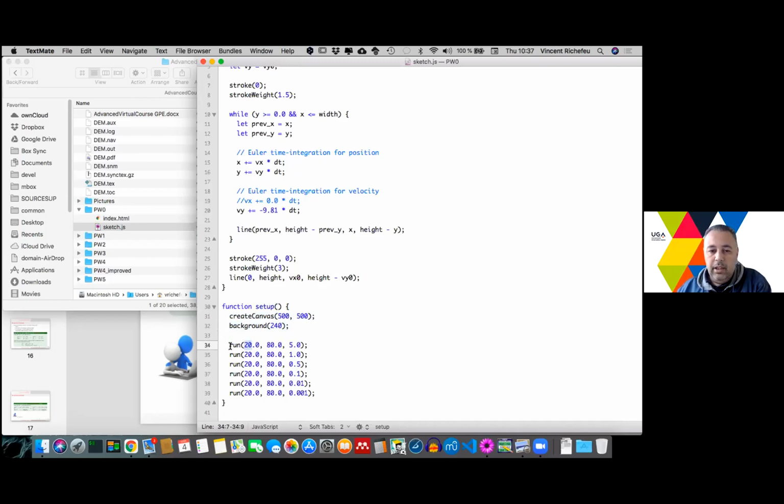So in each run, the initial velocity is the same, 20, but the time step is smaller and smaller. So what we need to understand here is just the scheme, the Euler scheme we use.